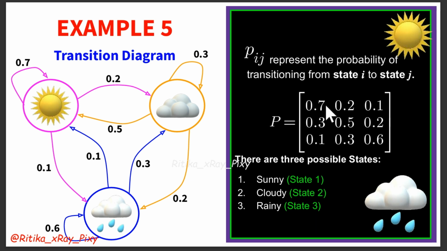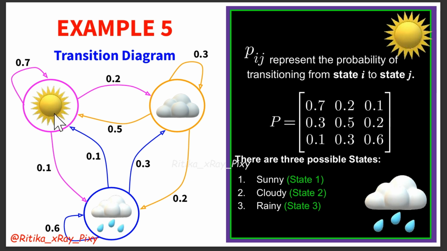Then here in the transition matrix, each row represents today's weather and each column represents tomorrow's weather. And the entry you can see, Pij, gives the probability of transitioning from state i to state j. Here i is the current state, that is now, and state j is the next state. We are moving from one state to another state.